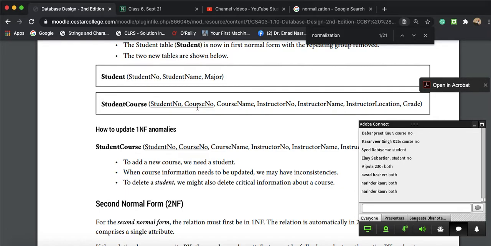Even if we have one attribute, here we have 1, 2, 3, 4 attributes that depend on part of the primary key. Even if you have one attribute that depends on part of the primary key, then it's not in the second normal form.